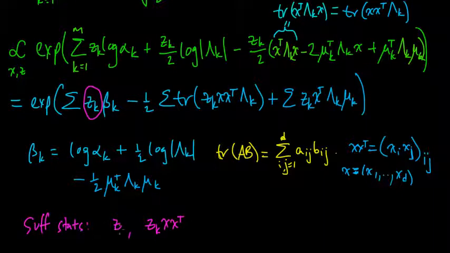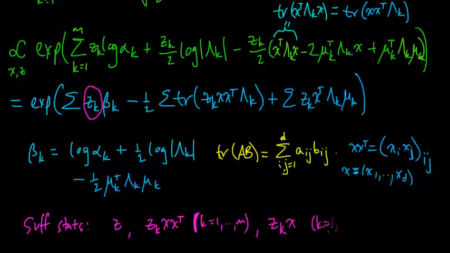This is for each k from 1 to m, all combined. So that's a bunch of matrices, and then we have zk times x, for all these k. These all together are our sufficient statistics for this distribution.